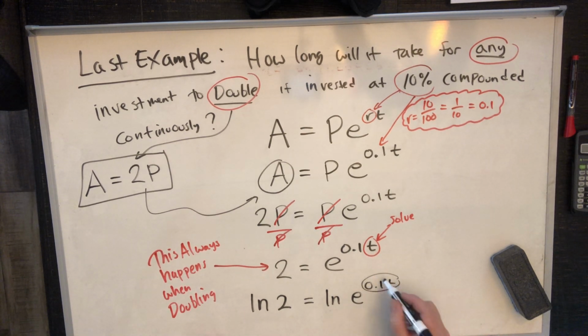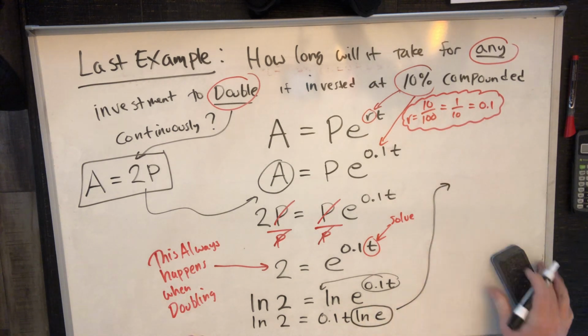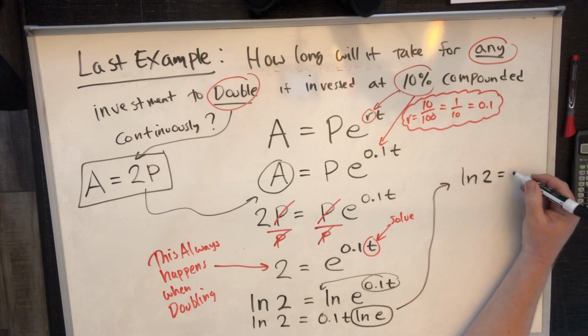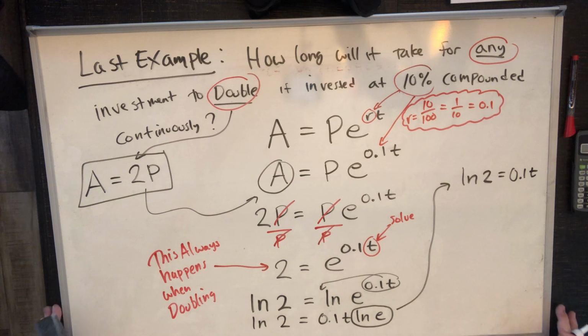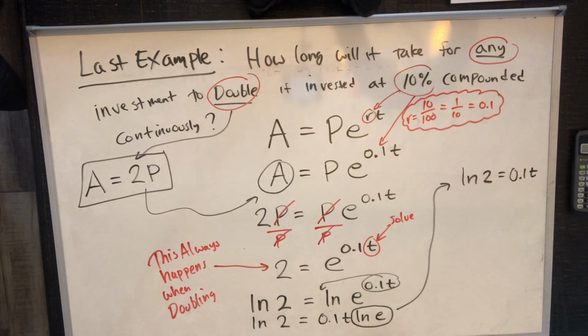You can bring the 0.1t down to the front. And you have the ln of e is 1. So now you have ln of 2 is equal to 0.1t. The ln of e is just 1.